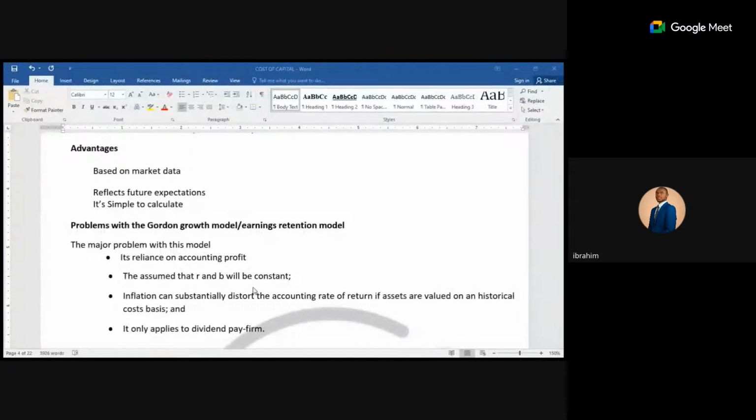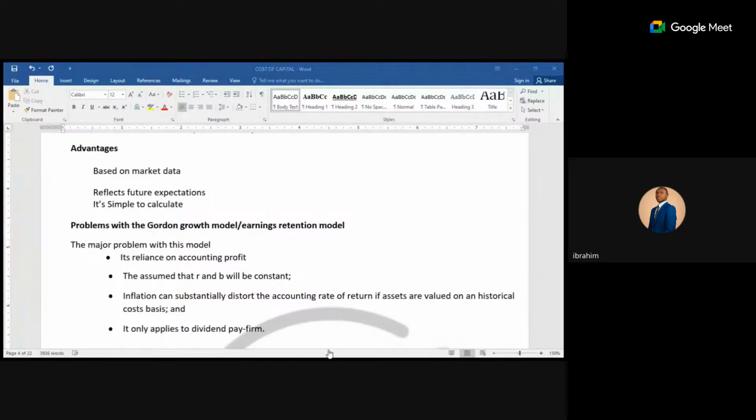Don't forget all these problems of Gordon's. From the formula itself, you will be able to establish the disadvantages. It makes use of accounting profit, it is only applicable to dividend-paying firms, it makes use of historical data, and it assumes that R and B will be constant.